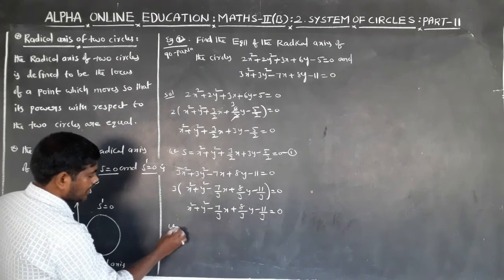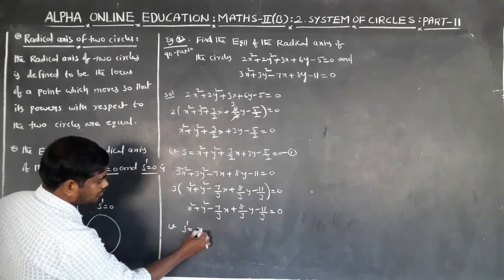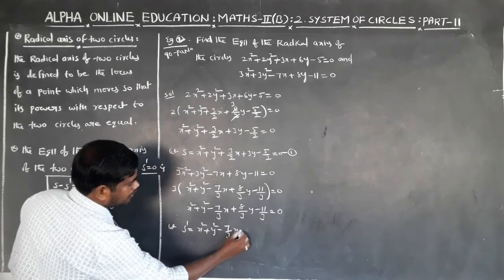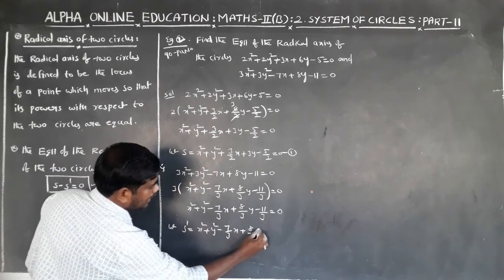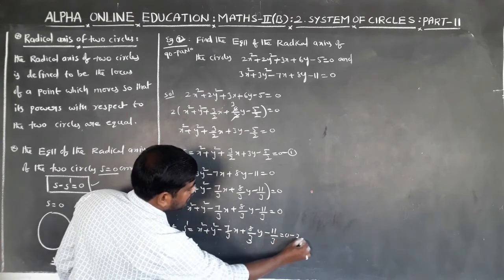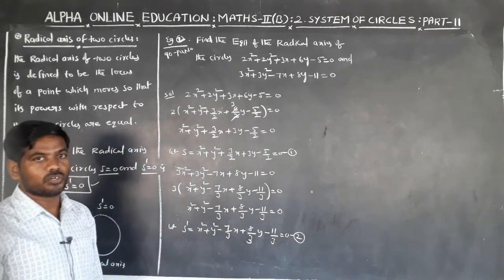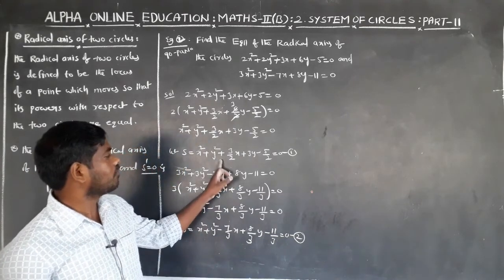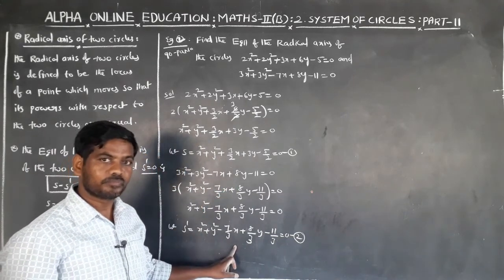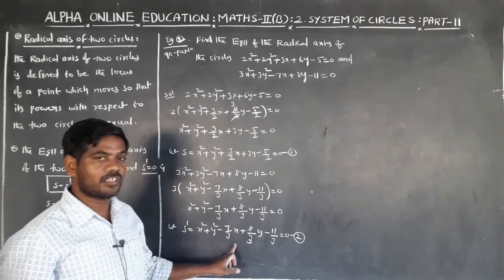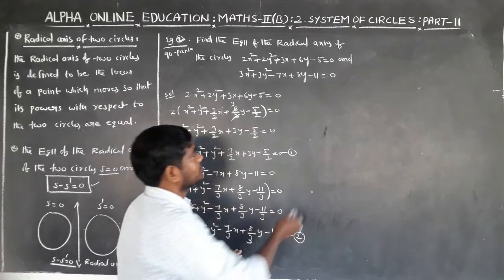Let the second circle be S dash: x square plus y square minus 7 by 3x plus 8 by 3y minus 11 by 3 is equal to 0.